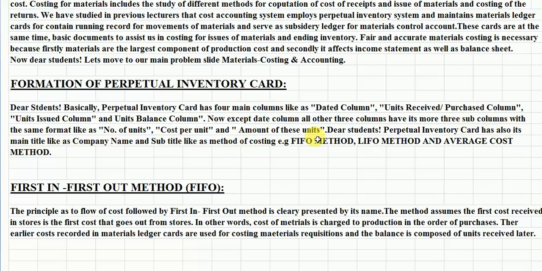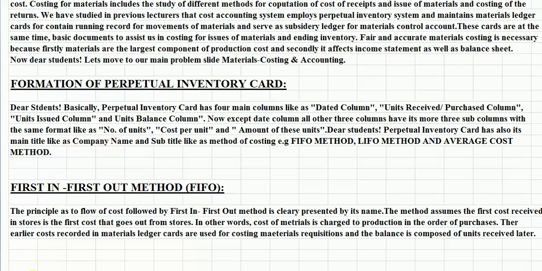The perpetual inventory card also has a main title, like the company name, and a subtitle, like the method of posting, for example FIFO method, LIFO method, and average cost method. This is the explanation about the formation of the perpetual inventory card.